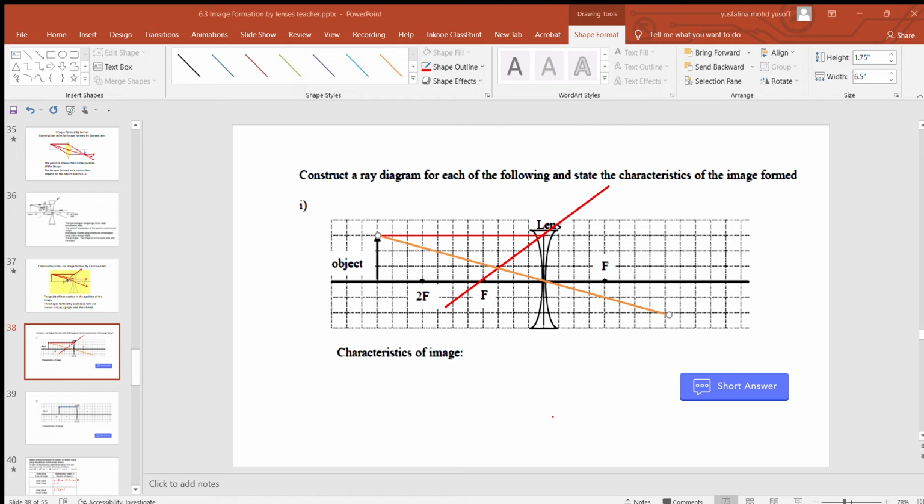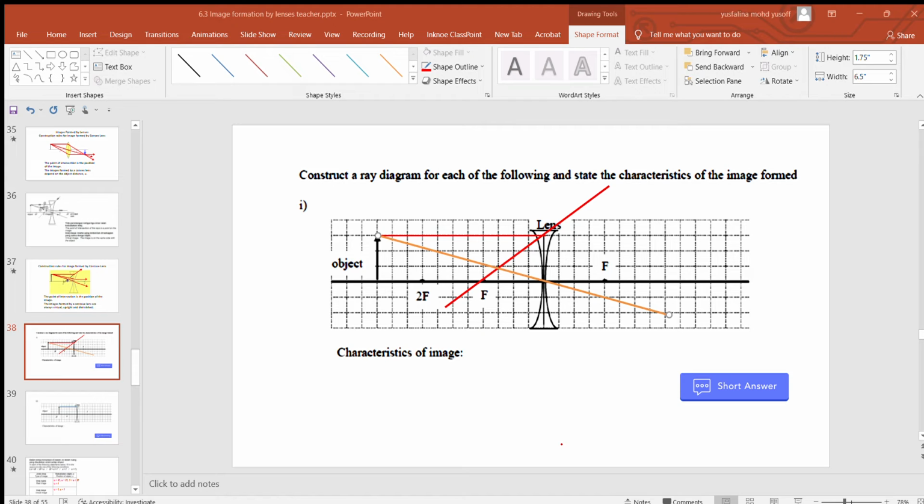And another one, it should be diminished. The size of the image is smaller than the object. So that's the characteristic of the image formed by the concave lens.